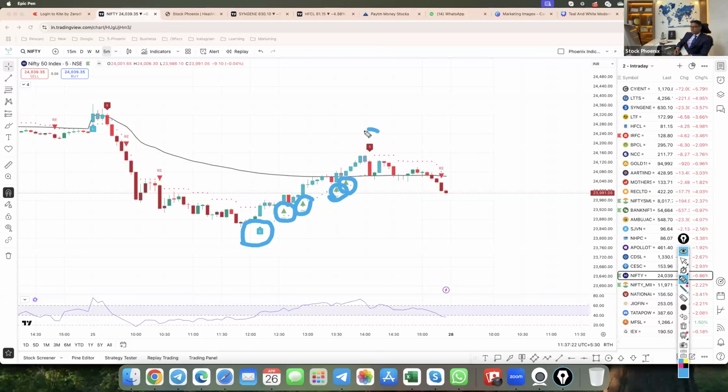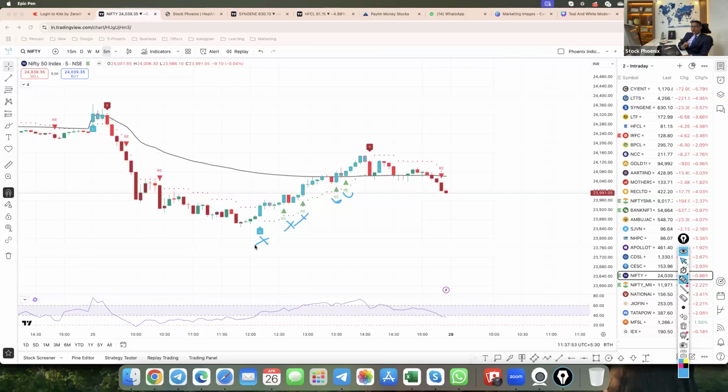No. Is this short signal valid? Okay, one minute. This is a valid entry. Everyone got it? Let me make it very clear. Only this is a valid entry. This is a valid entry. These and all are invalid entries.